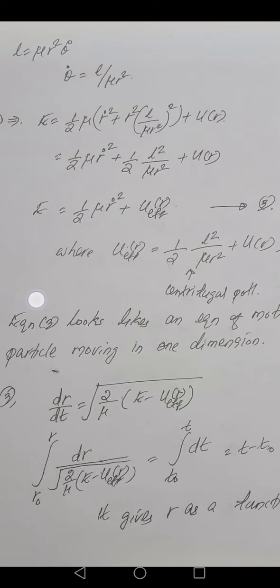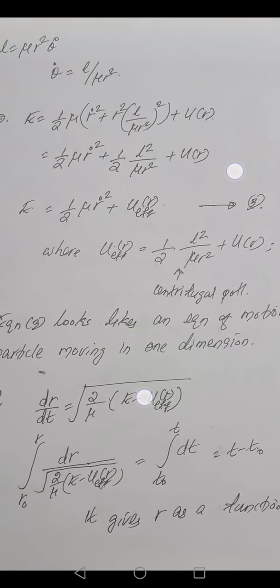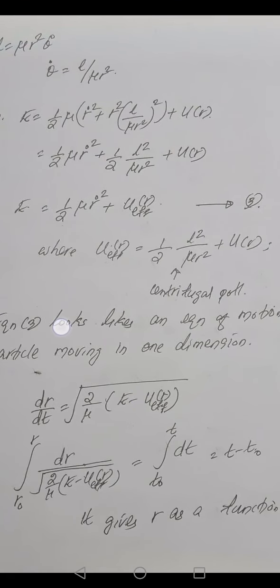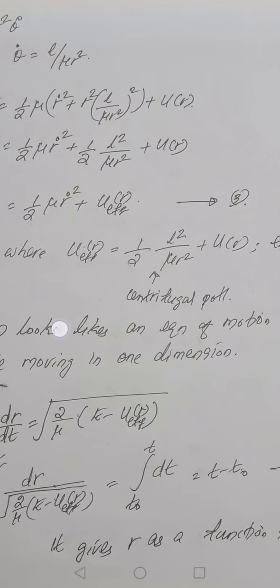Arranging, E is equal to half mu r dot squared plus half L squared by mu r squared plus u of r. These last two terms I write as u effective, the effective potential, given by half L squared by mu r squared plus u of r.